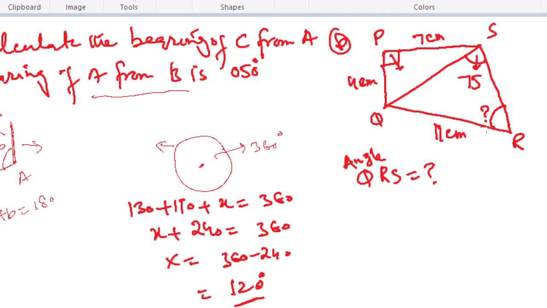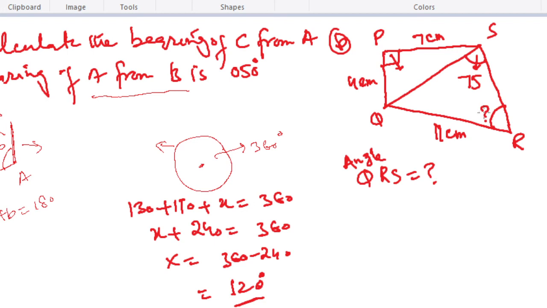Okay, how to get this angle? Students, see here, it's a very simple thing. This triangle QSR is not a right angle triangle, so we cannot use SOHCAHTOA. Then there are two remaining things: one is the sine rule, one is the cosine rule.